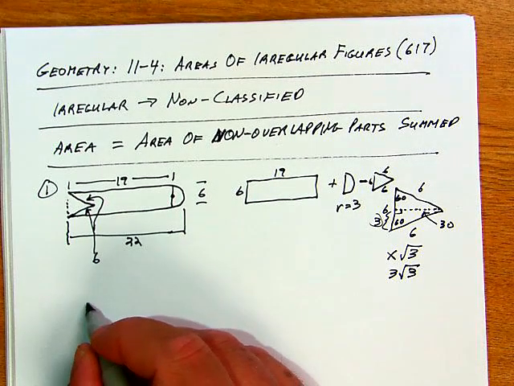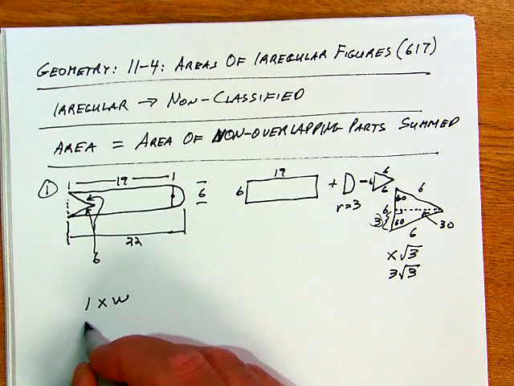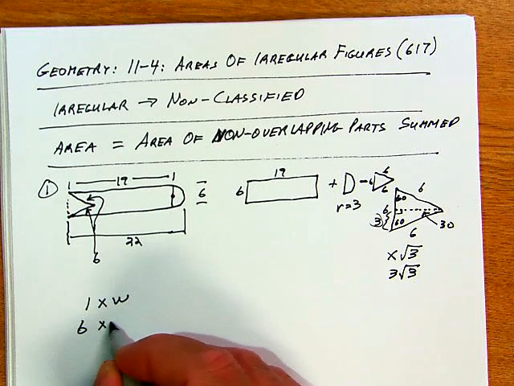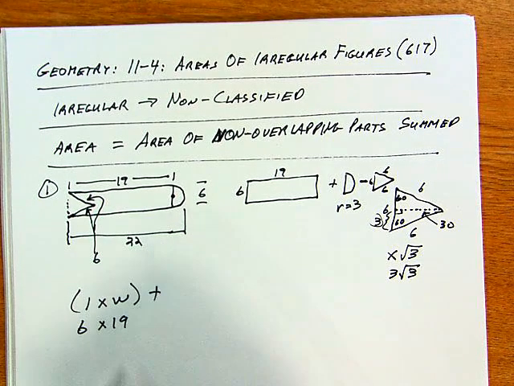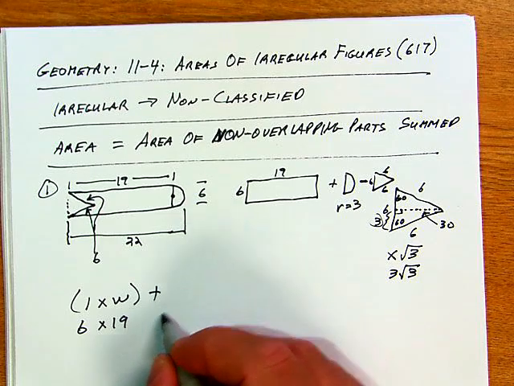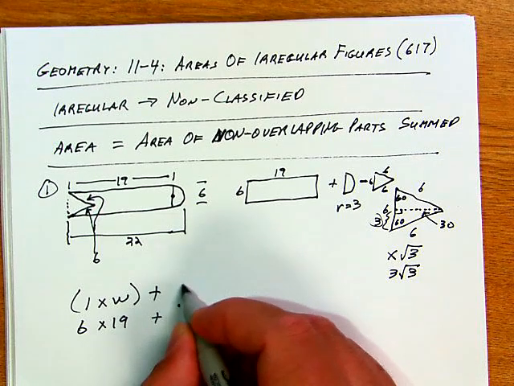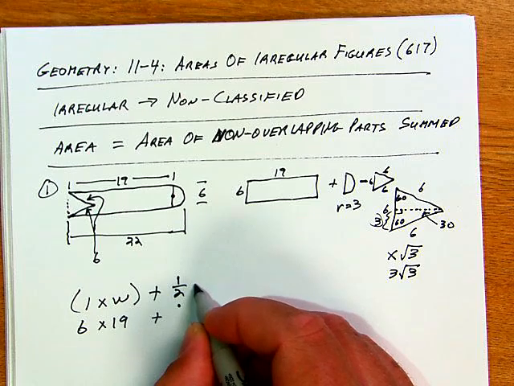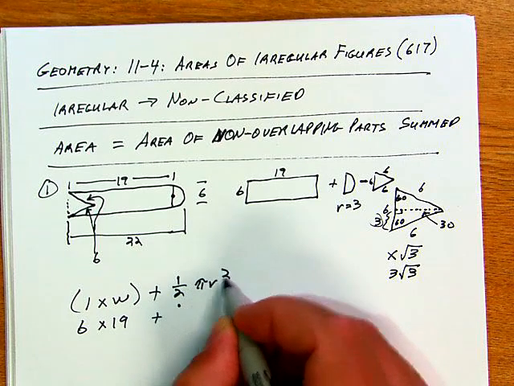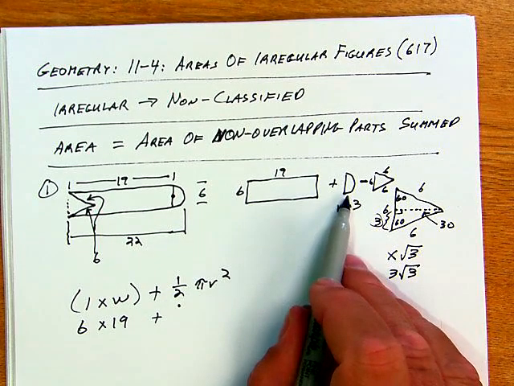We've got length times width, 6 times 19. That's our rectangle, plus we only want half of the area of a circle. So we've got the area of a circle is pi r squared. But we only want half of it because we've got a half of a circle to deal with.